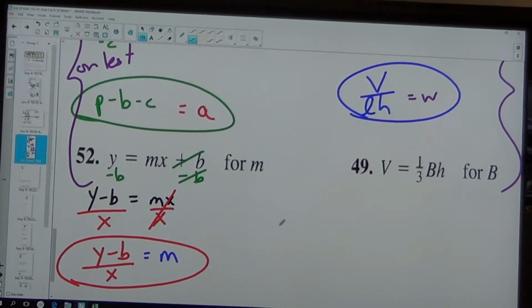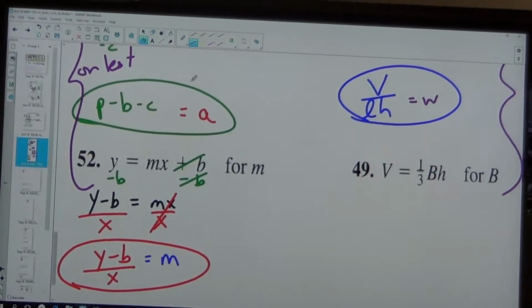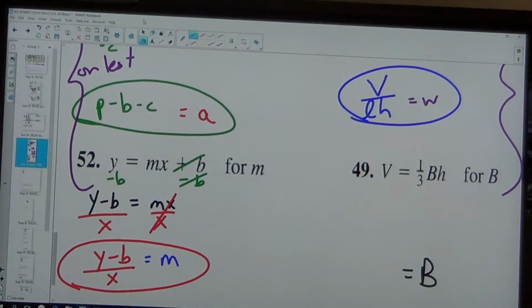All right, so let's look at number 49. This one I will say is quite tricky because of the way my math lab wants you to enter it. Our goal is to solve for capital B. Now, the first thing that most people don't like in this problem is that it's a fraction.